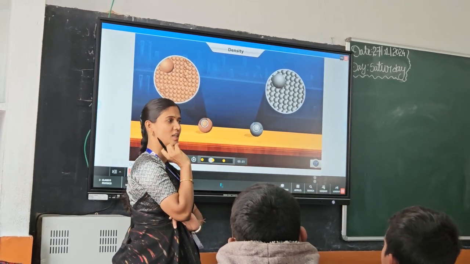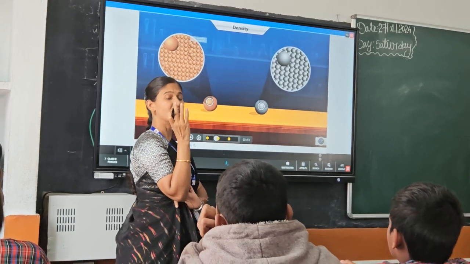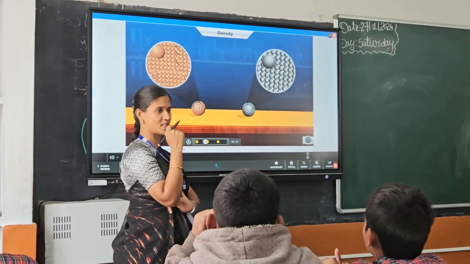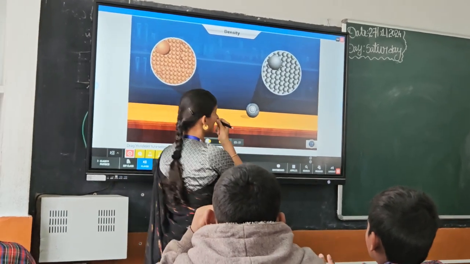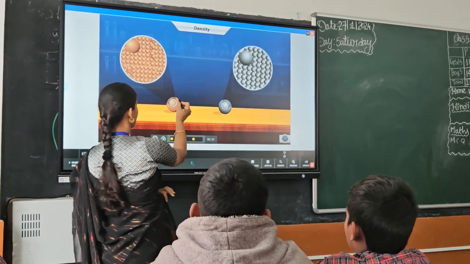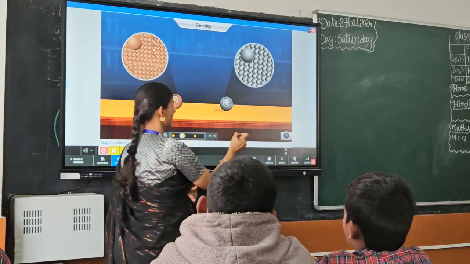Now you just learned the condition for when objects float and when objects sink. What is the main word we use? Density, no? First we should know what density is. Density means mass per volume, that is, for a given volume, how many molecules are present in it.